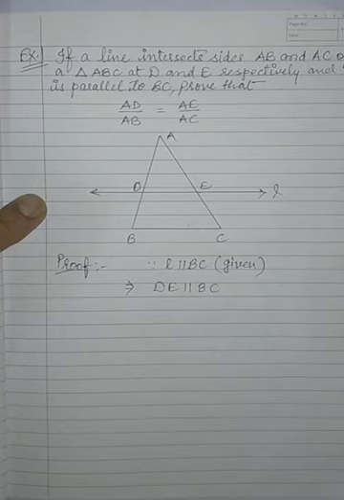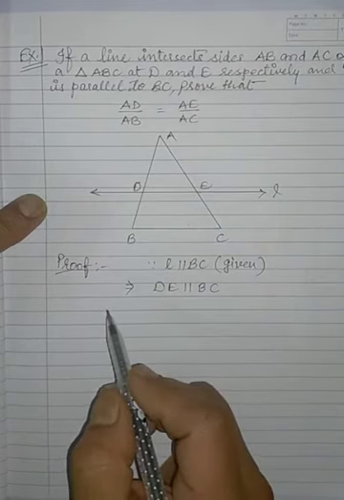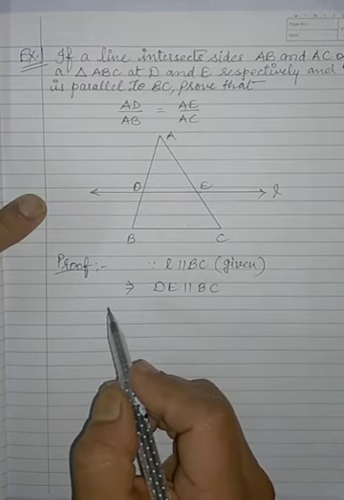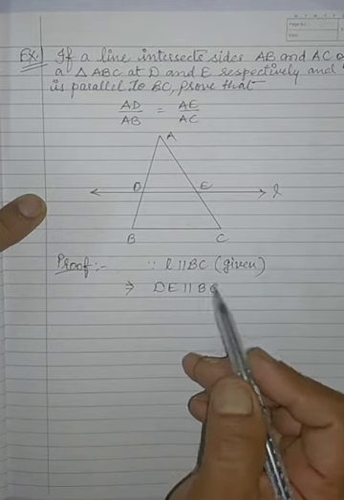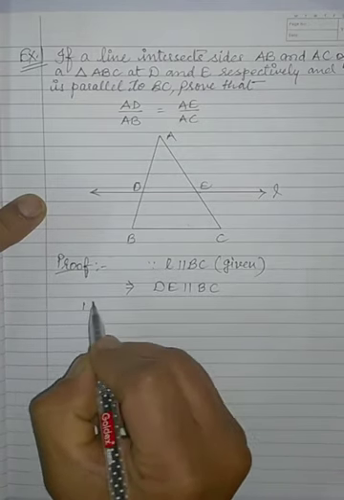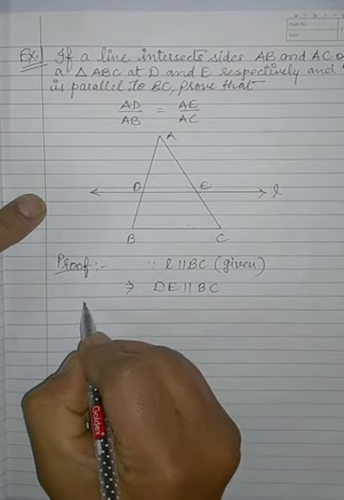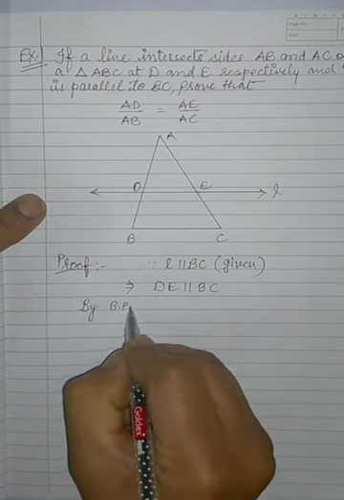Okay. Now, as we have understood, the basic proportionality theorem, Thales theorem, in short form we can use BPT. So I will be using here the short form BPT.